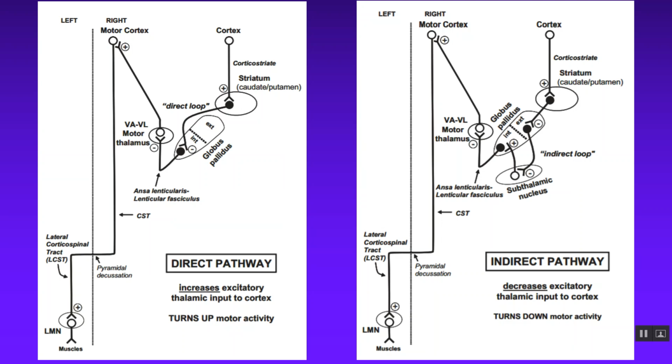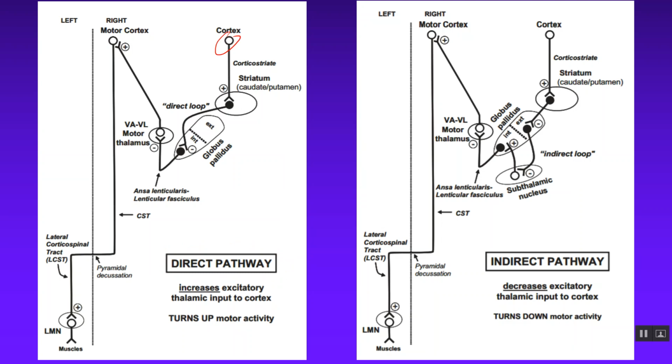It's probably the best description of the very basic function of the basal ganglia that I've read, and these pictures are pretty good. That's why I pulled them out of here. So this is the direct pathway, and then here's the indirect. They're all together, working at the same time. It's just that depending on how much dopamine is in the system, one is more influential than the other. Okay.